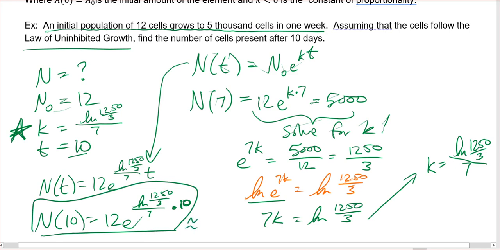But in our homework, it's going to want us to plug this into a calculator, so we can do that as well. I got approximately 66,334 cells. And it's going to tell you where to round, like round to the nearest whole number. So there we go, we can do it.